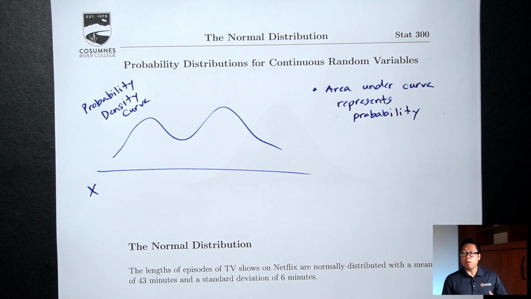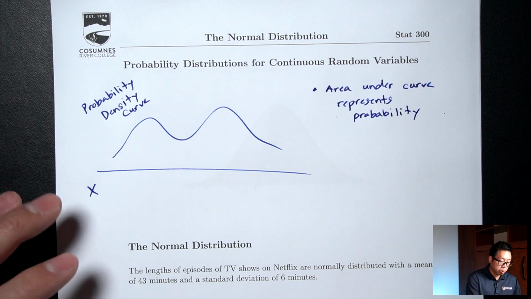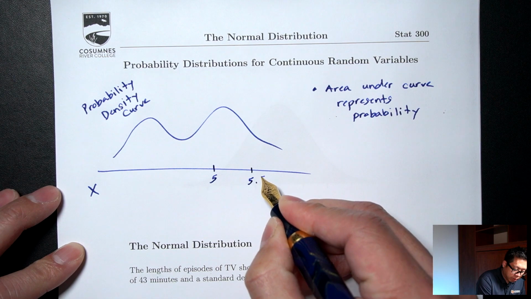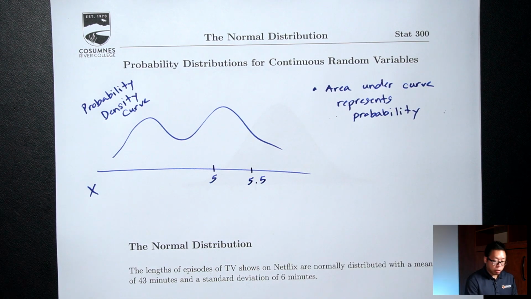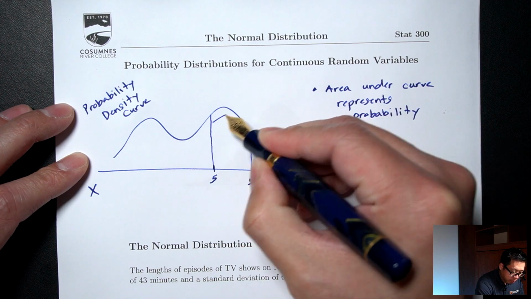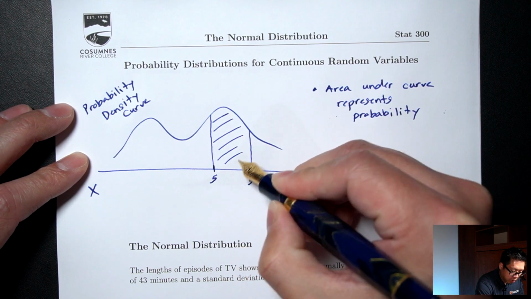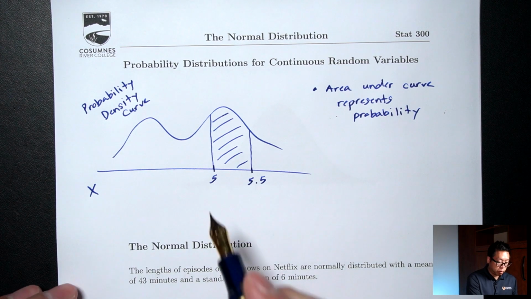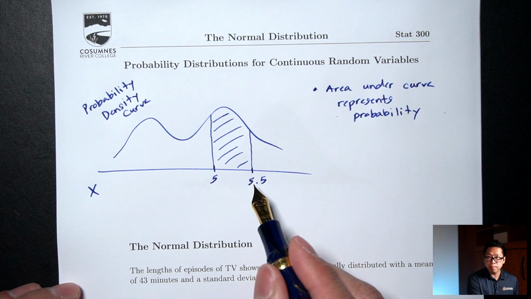So for example, if I wanted to know the probability of getting an x that's between 5 and 5.5, I would find the area under the curve between 5 and 5.5. So that area represents the probability of getting an x that's between 5 and 5.5.